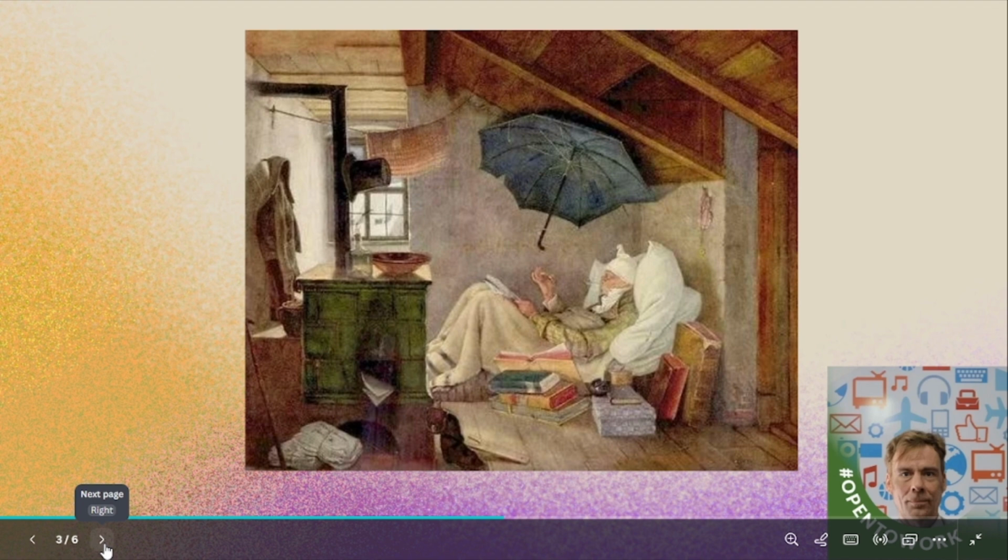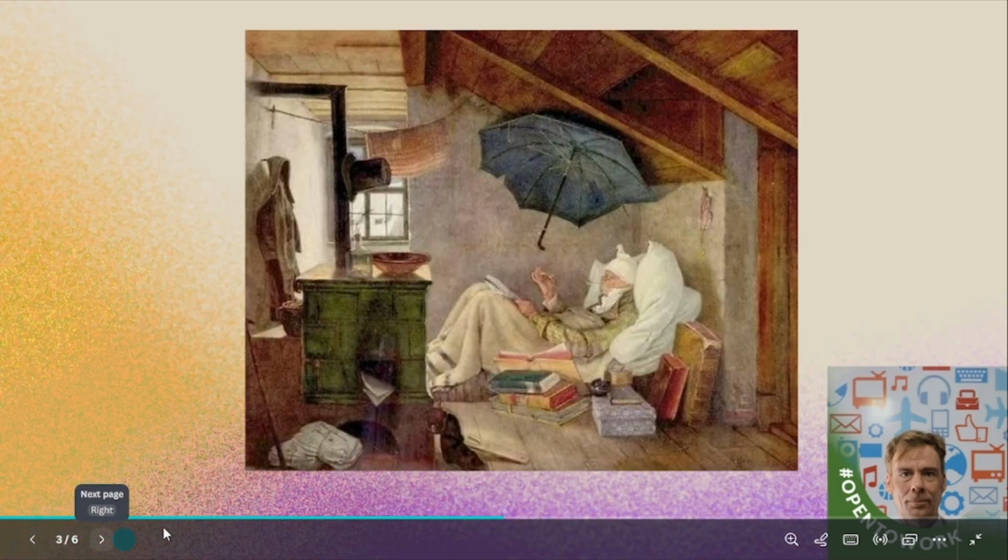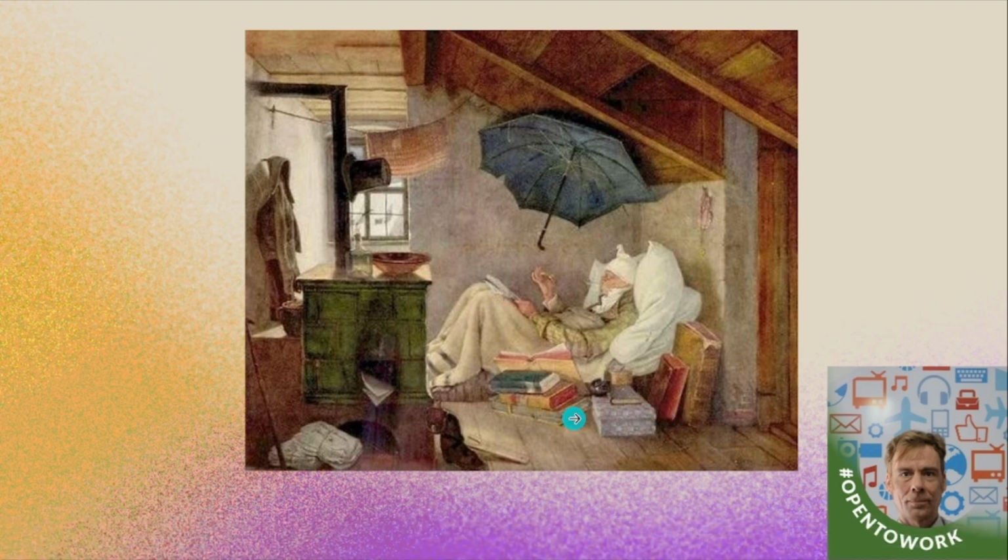I would say there is a man in a bed because we are describing this particular photo. The bed is an umbrella, and beside it, there are some books. So, yes, the books are beside the bed.